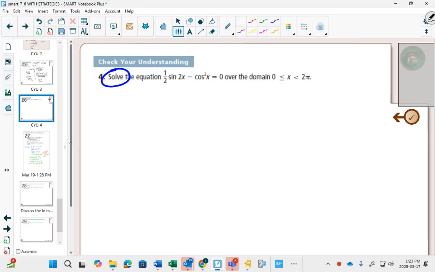Once again, here we have a double angle identity. We have to decide, should this be a multi-revolution question, or should I use one of my identities? And because I have another cos squared function in this, I should use one of my identities.